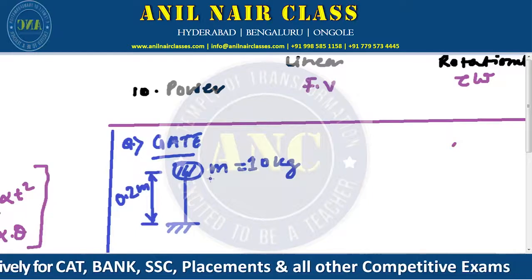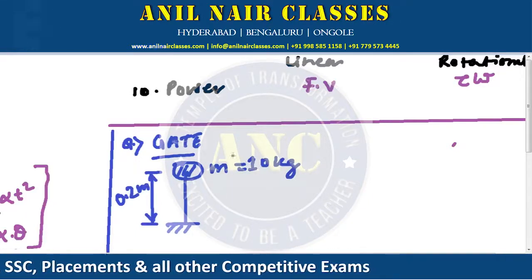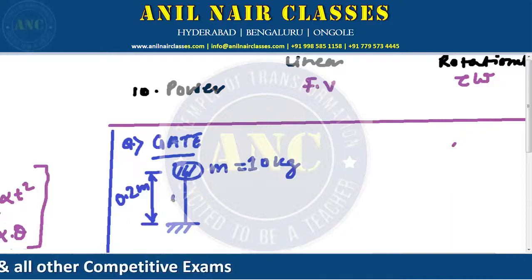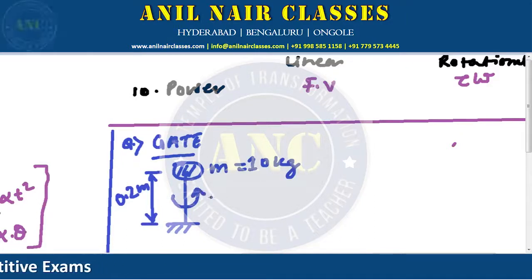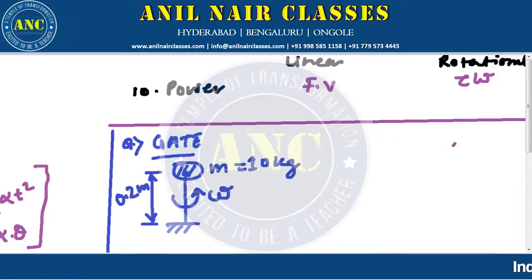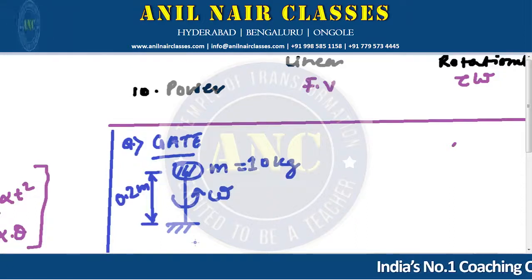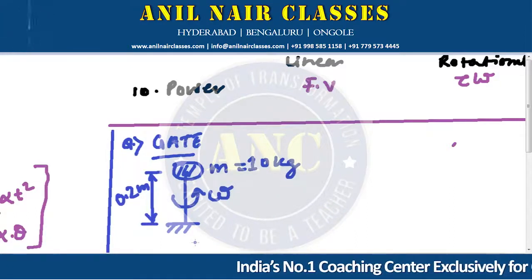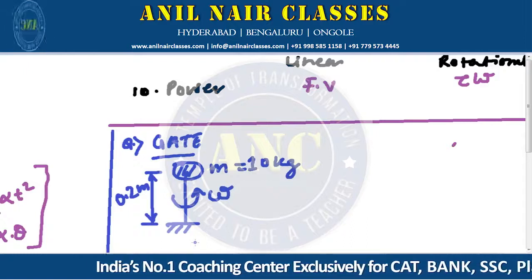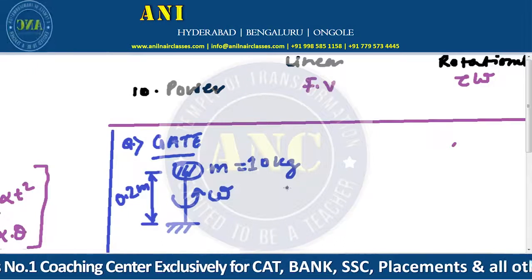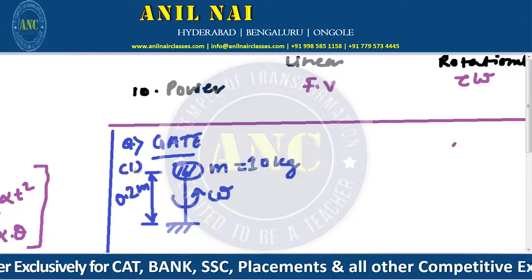Clear? The question asks, if it rotates with a uniform angular velocity omega, a balancing mass of 20 kg is attached as shown. This is one case.